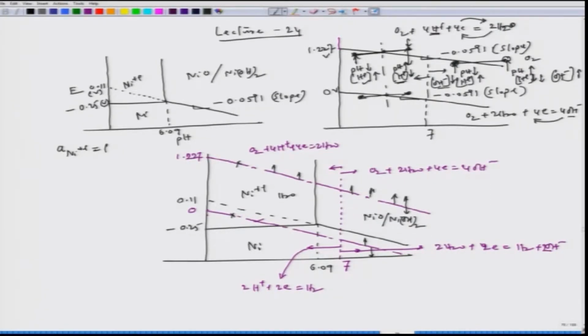Okay. So, now let us see what happens for the reactions which are not involving oxygen, rather H plus and OH minus. And of course, on the line right side of 7 we have H2O involved.